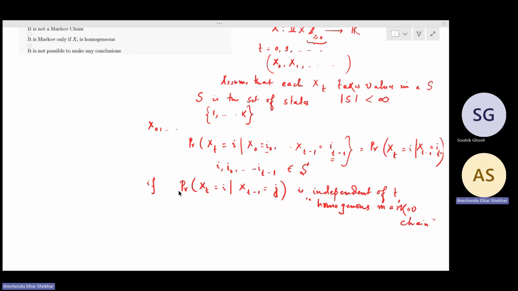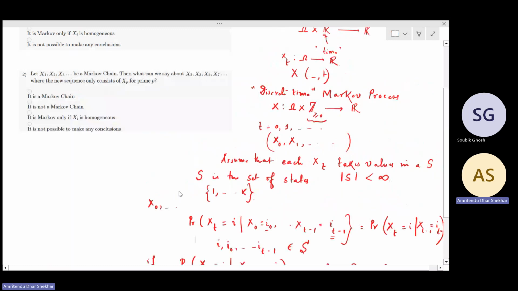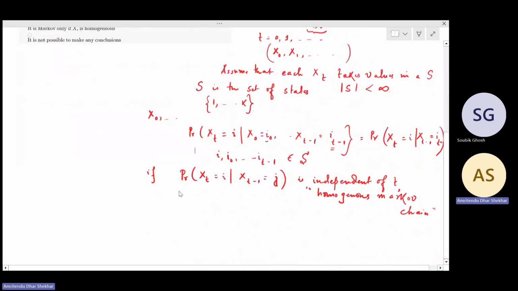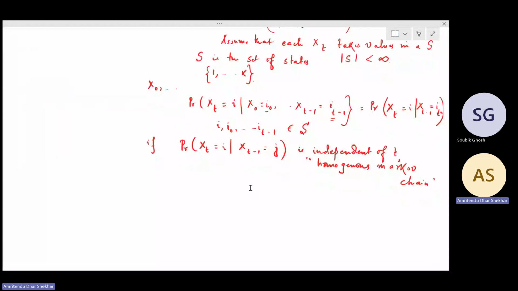Okay. So with this introduction, let's look at some of the problems. Most of the problems we will be dealing with will be with respect to homogeneous Markov chains.